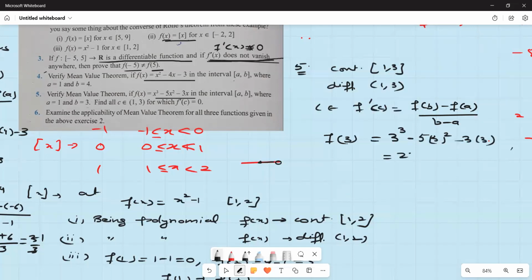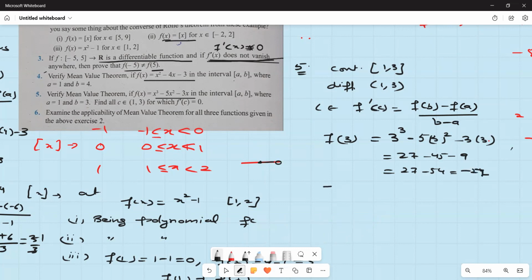So this is 27 minus 9 into 5 is 45, minus 9. So this is 27 minus 54. So minus 27. Next, what is f of 1? 1 minus 5 minus 3, minus 8 plus 1, minus 7.